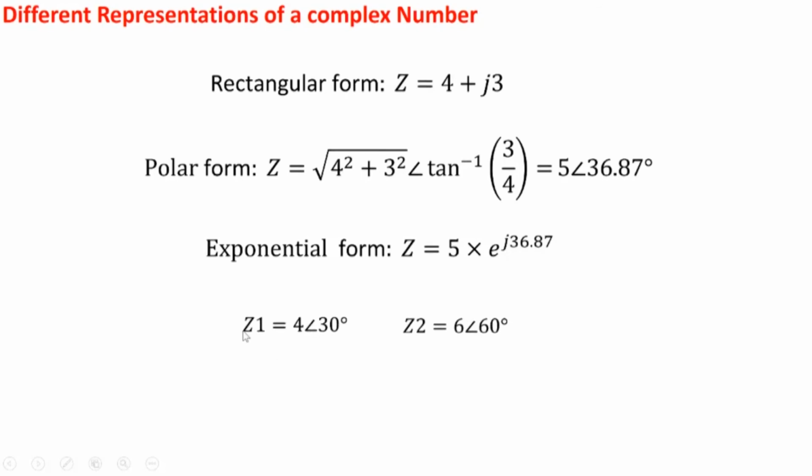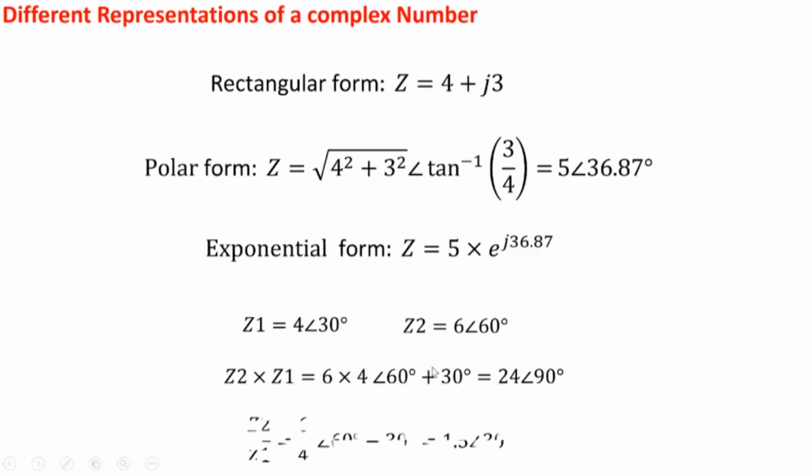If you have two signals, Z1 is here and Z2 is here, and you want to multiply them together, the amplitudes multiply together, the phases add up. If you want to divide, the amplitudes divide and the phases subtract. So these are things that you may already be familiar with, but just to refresh your memories, because these relationships will be helpful for us.